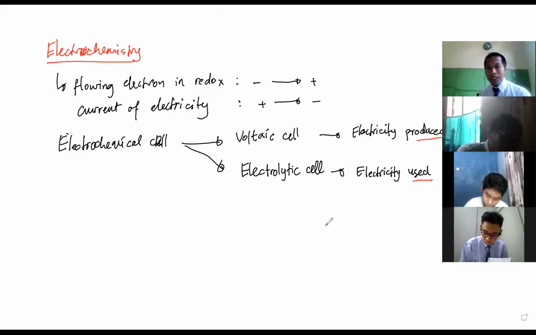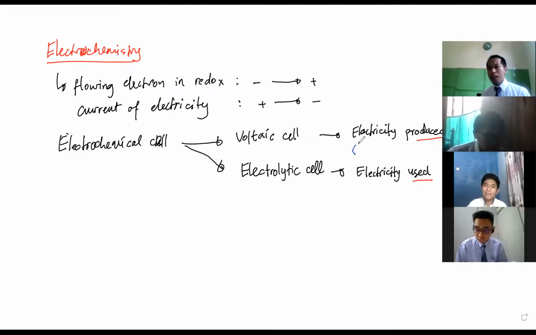All right. Can you give me an example of electricity produced? What things can produce electricity? Of course, we are still talking about electrochemical cell in our life. Can you give me an example here? Think about our surroundings.